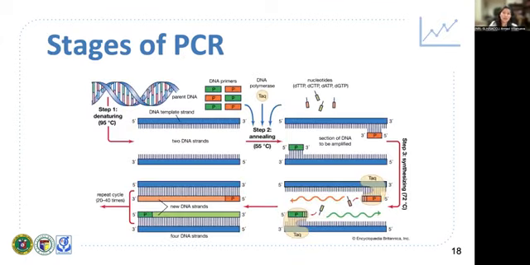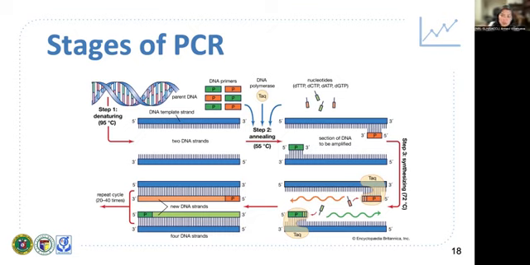Okay. And then here in this slide, I'm just trying to show you the various stages of your PCR cycle. So we actually have three stages in our PCR cycle. First is the denaturation, second is the annealing, and third is the synthesis, otherwise known as the extension. And they all work in differing temperatures.